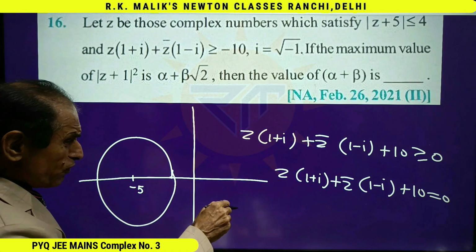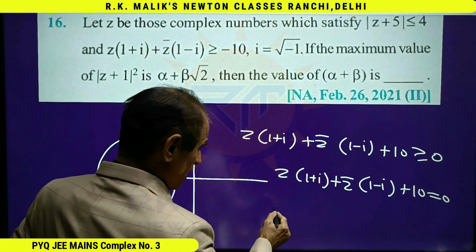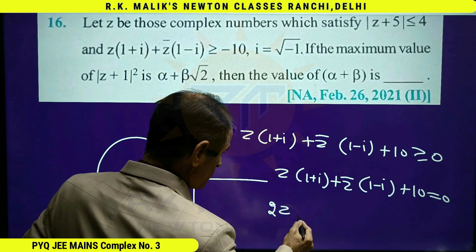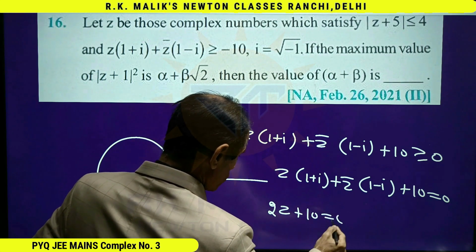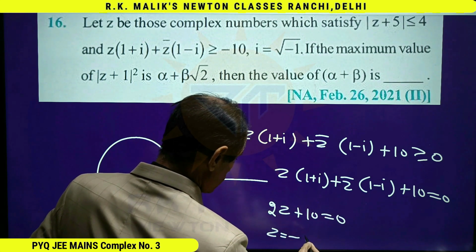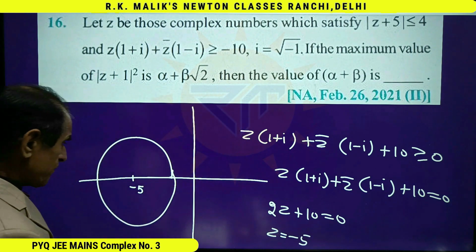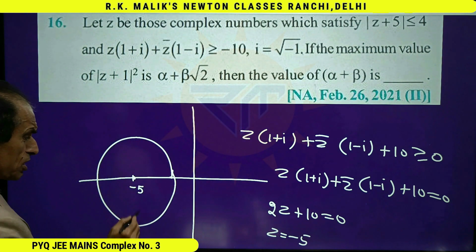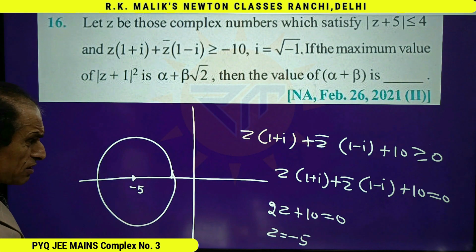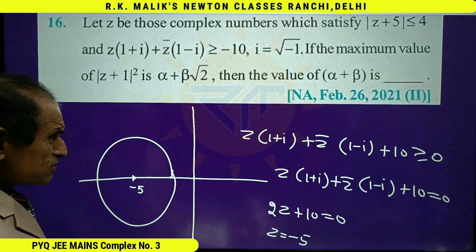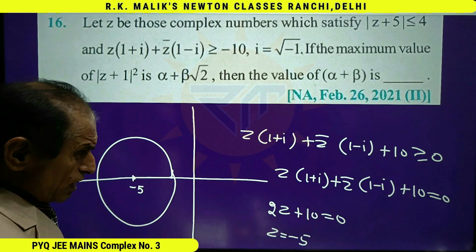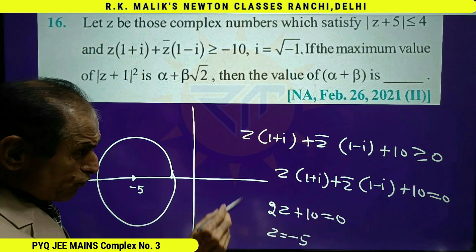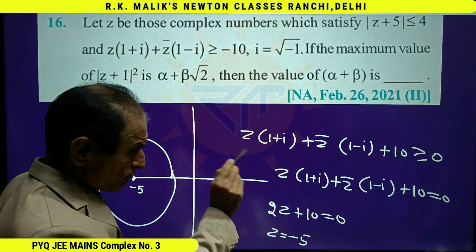If I write z for z bar, I will get 2z plus 10 equal to 0. That is z equal to minus 5. This will be the point where the line cuts the x-axis, that is the real axis. And for finding the point where the line cuts the y-axis, that is the imaginary axis, for z bar write minus z.